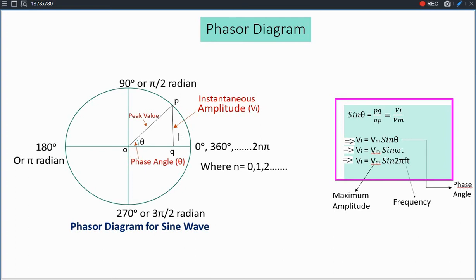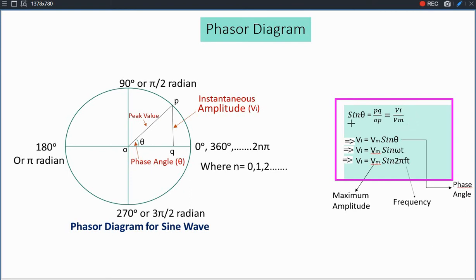So OP has the peak value, the maximum value. Putting the values of PQ and OP, sine theta is equal to Vi by Vm, where Vi is indicated by the perpendicular line PQ, while the maximum value, the radius OP, is the line having the maximum magnitude, and it is written as Vm.